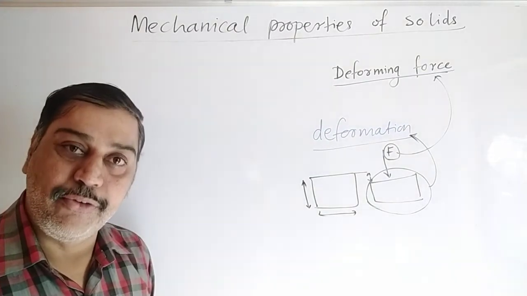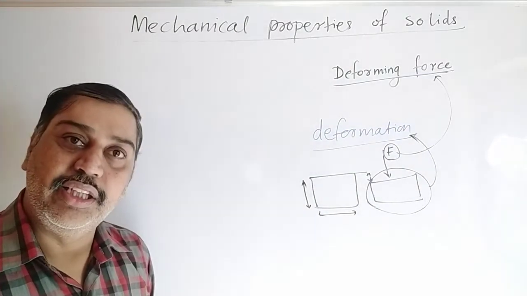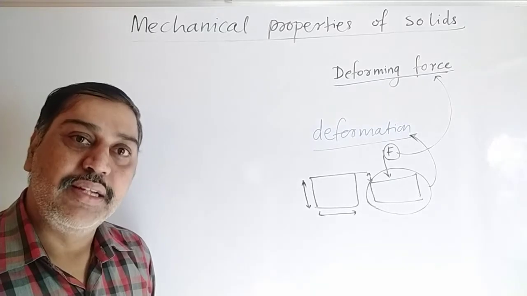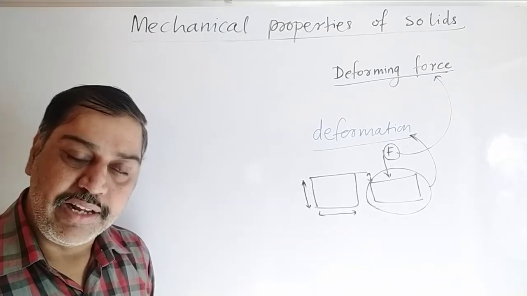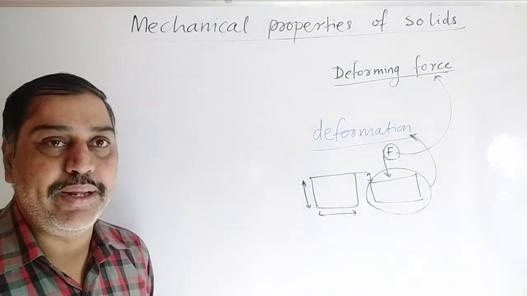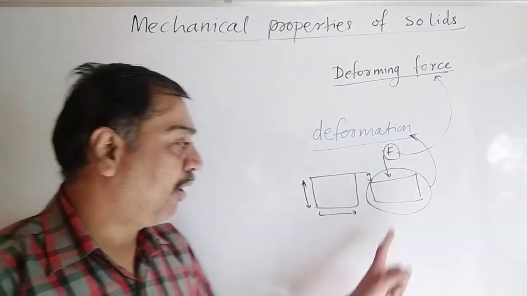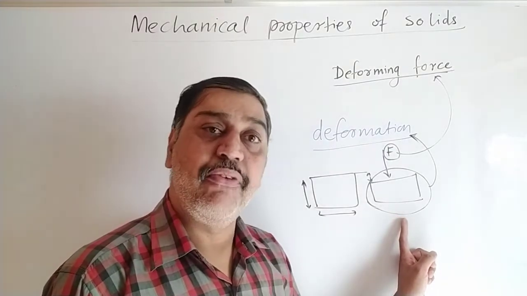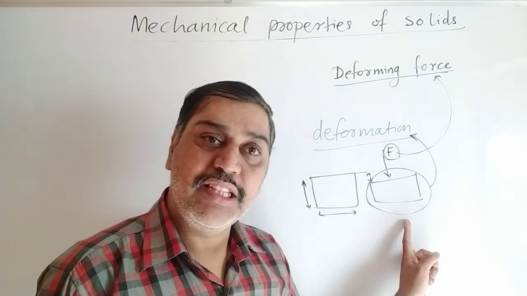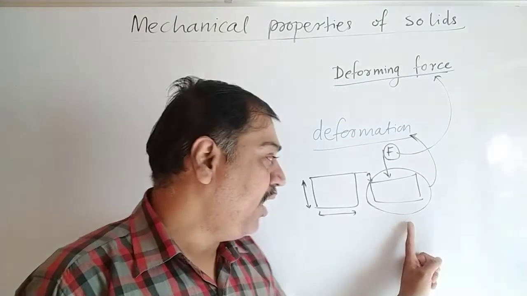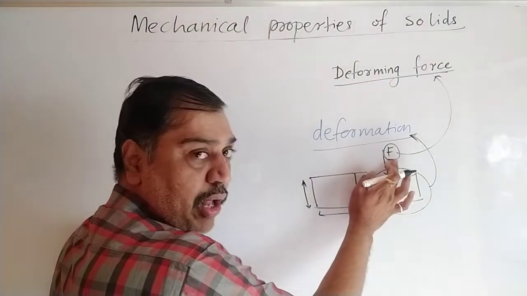The applied force due to which there is a change in dimension, shape, size or both of the body is said to be the deforming force, and the body is said to be in a deforming condition.